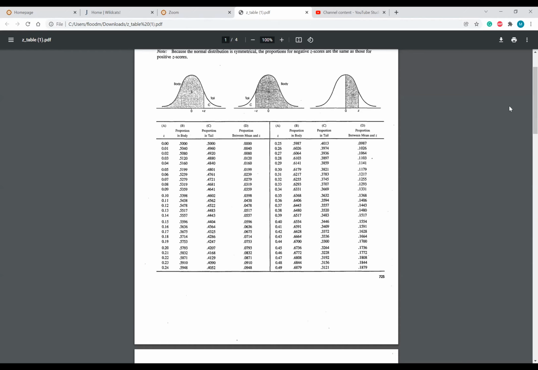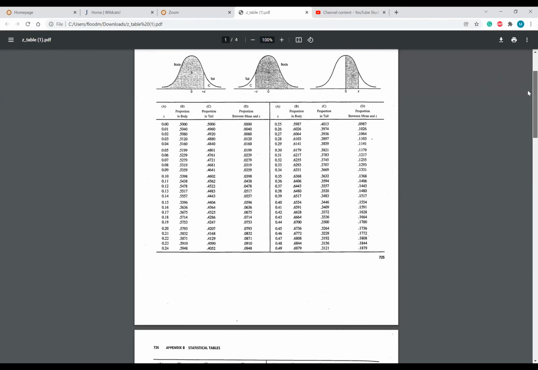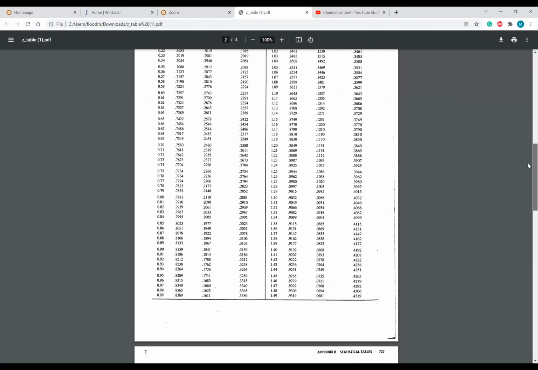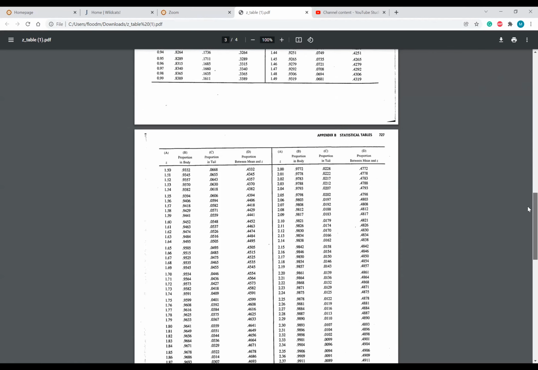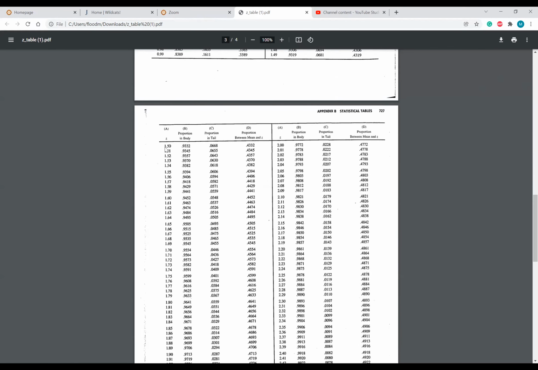So we'll have to look for the positive z-score 1.50. So here is the z-score of positive 1.50. We're going to go to column C to find the proportion in the tail, which is 0.0668, or 6.7%.